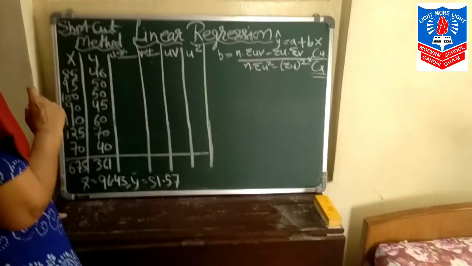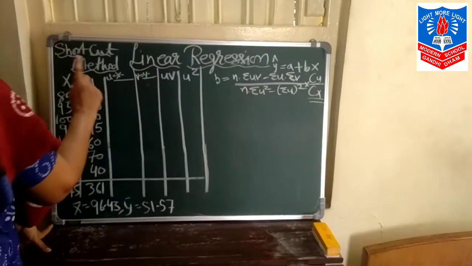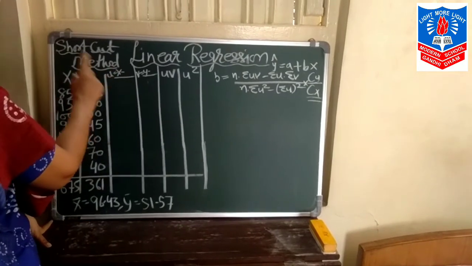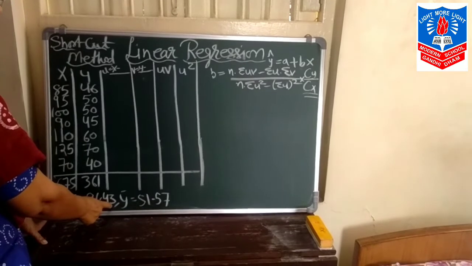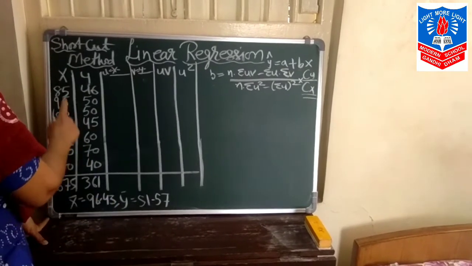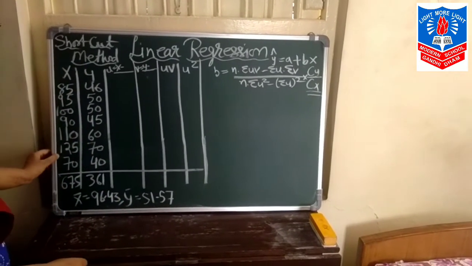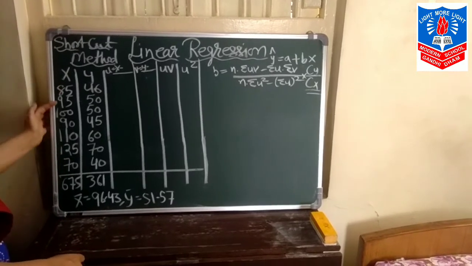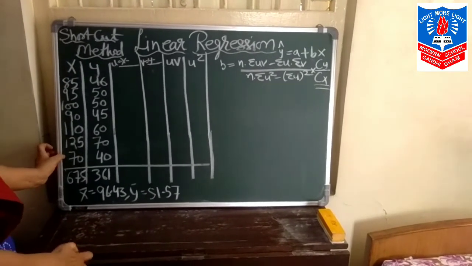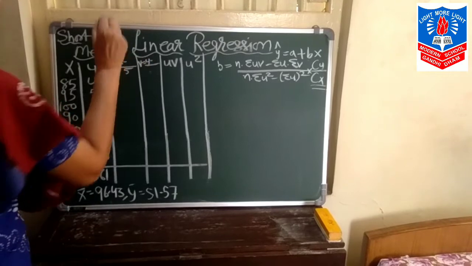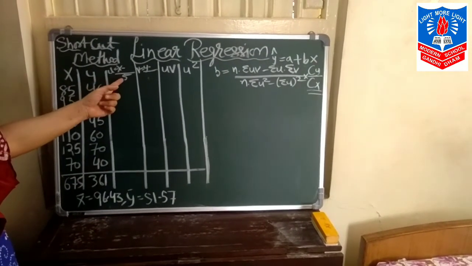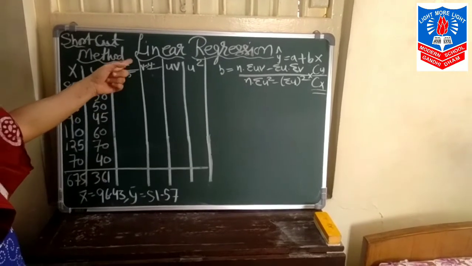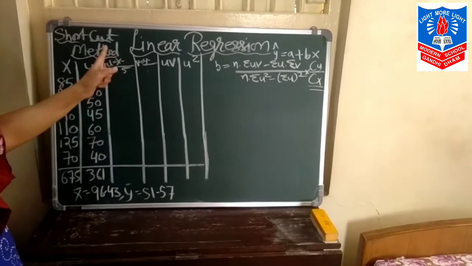Now let us start the sum based on this. It is important to decide what will be u and what will be v. Now here you can see x bar is 96.43. Here all the values of the x variable are divisible by 5. So here the common factor we take is 5. Now first, as usual, you remember, we take the common factor, then we decide the value of a.